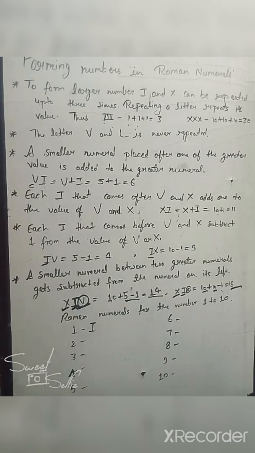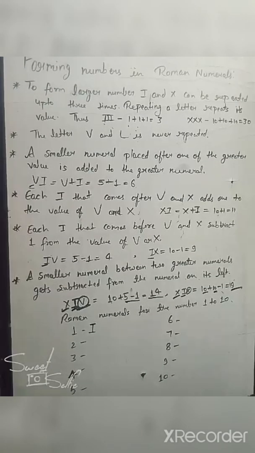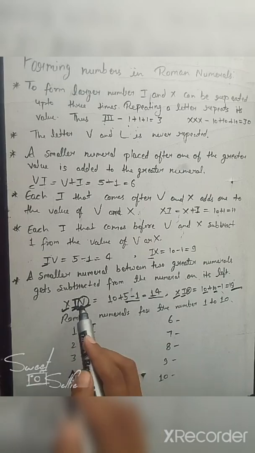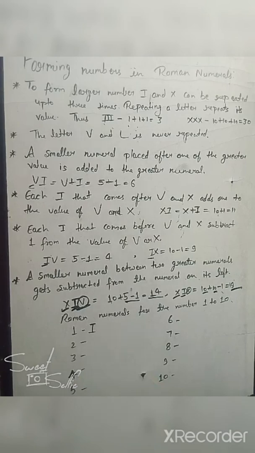Okay. So here we will subtract I from V. Means we will subtract I value 1 from V value 5. So 1 from 5.